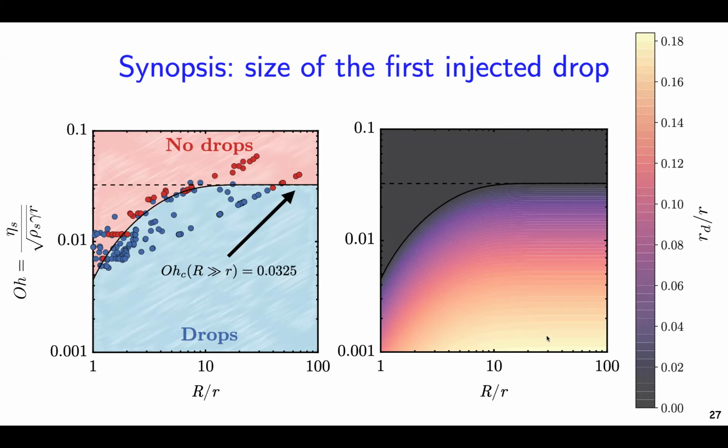And we notice that indeed for radius ratios of quite infinity, the size of the droplets is the highest, which is over here on the bottom right corner of this graph. And as we move towards this drops to no drops transition line, which is this black line over here, the droplets become small and then they disappear completely in this region of no droplets altogether.